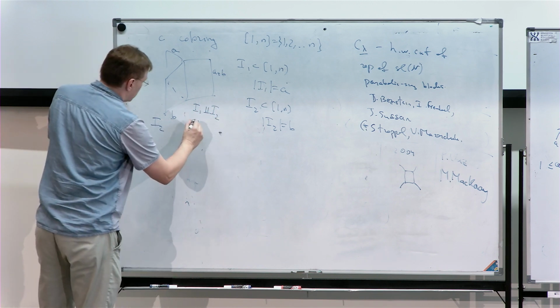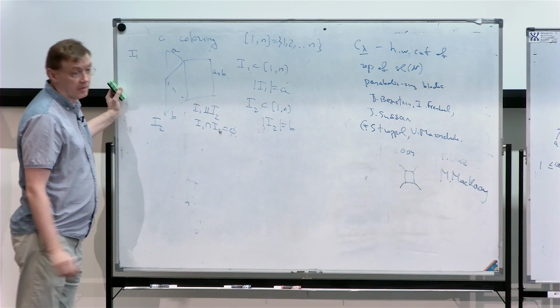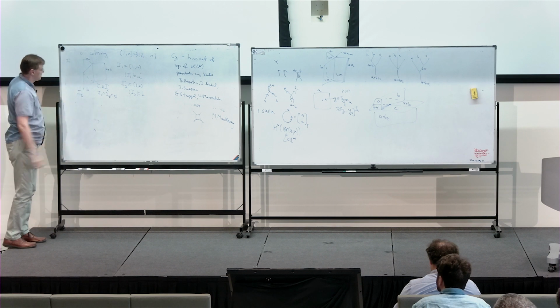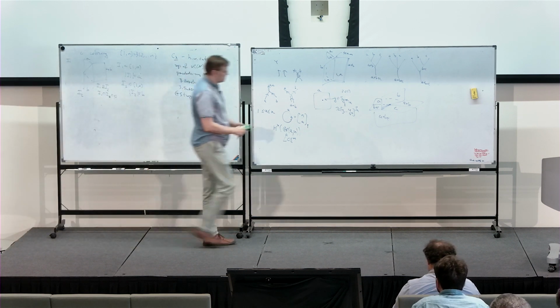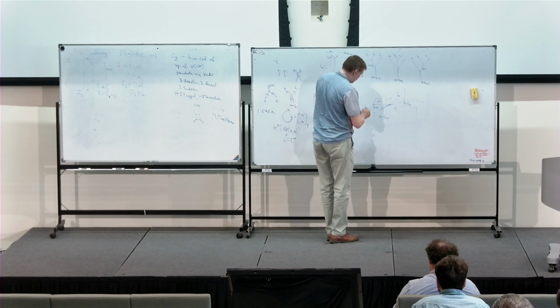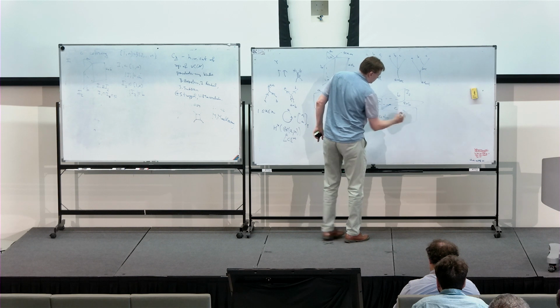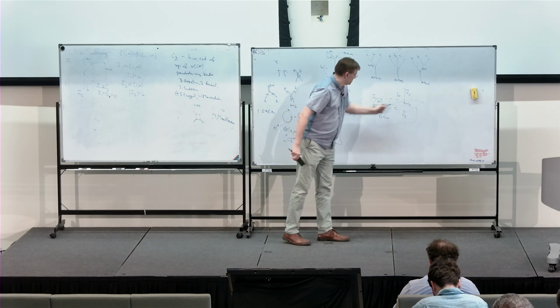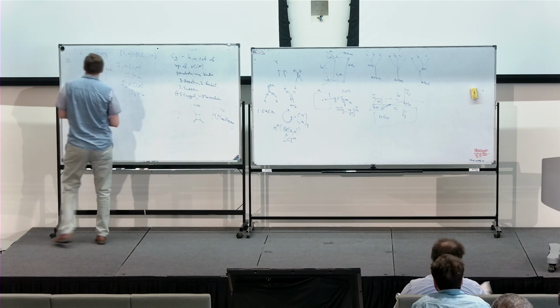In particular, they must be disjoint, so the intersection is empty and the colors must be disjoint. At the vertex, you assign disjoint subsets I1, I2, I3 of these cardinalities, and then there are unions for the bigger facets at the vertex. And so this is the coloring.